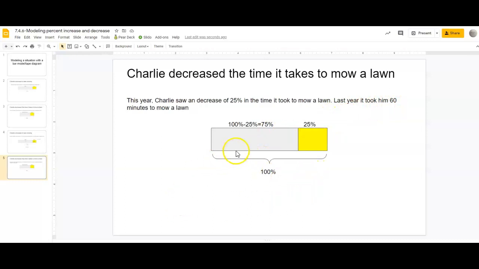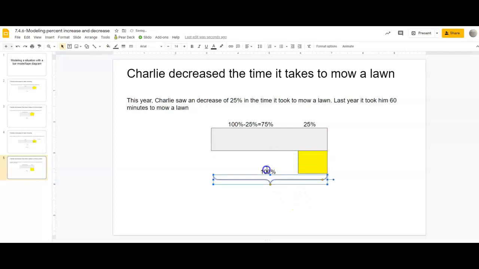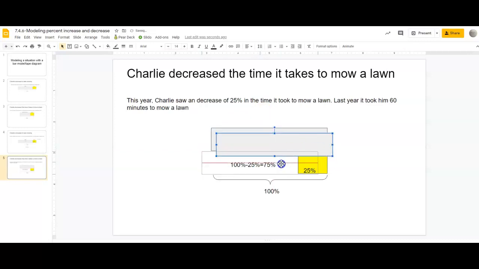Okay, so I'm going to do something here. I'm going to slide this down a little bit, so we can look at these as separate pieces. Okay, so this is still my 25%. And then I'm going to move this down here to represent this.